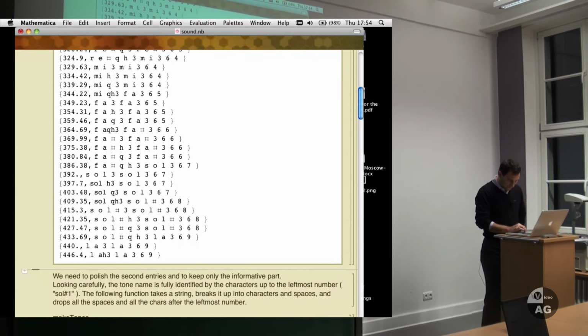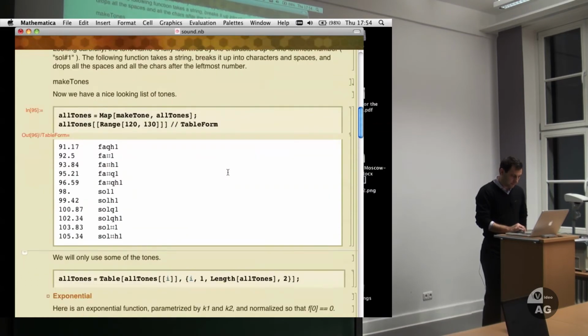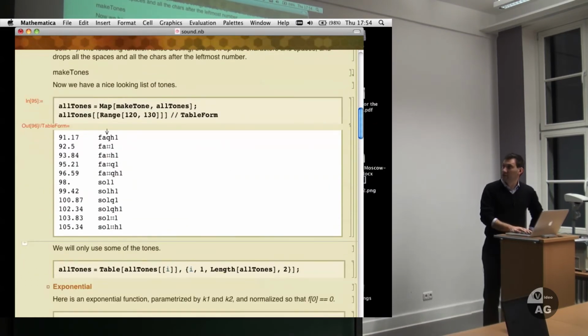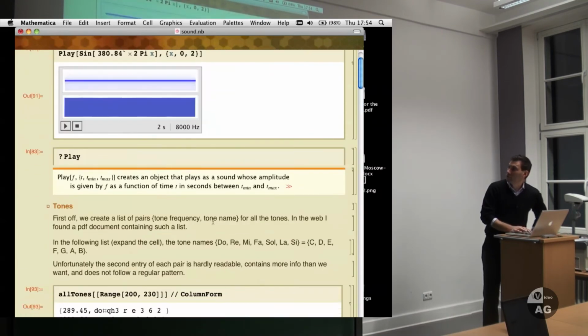And after some maneuvering, which I keep hidden, this is what you guys have to get: a frequency, and then the name of the tone. By the way, maybe not all of you are familiar with this: these are the Latin names of the tones, and the English, British names are C, D, E, and so on.